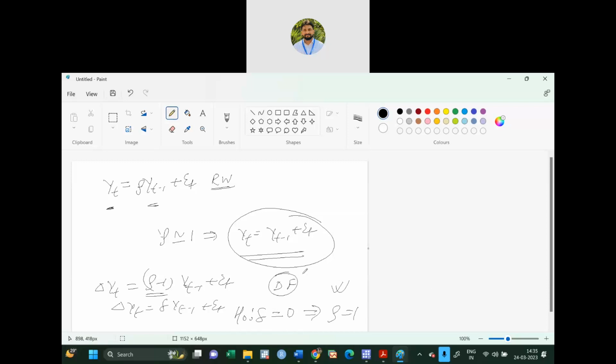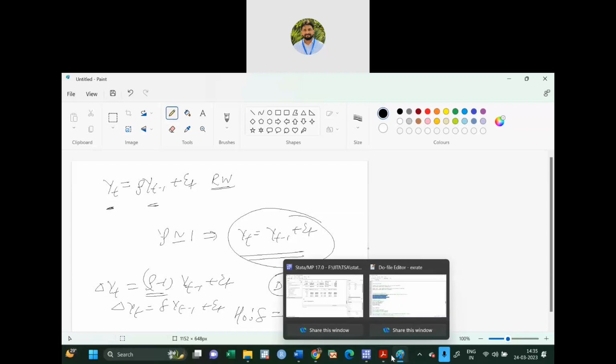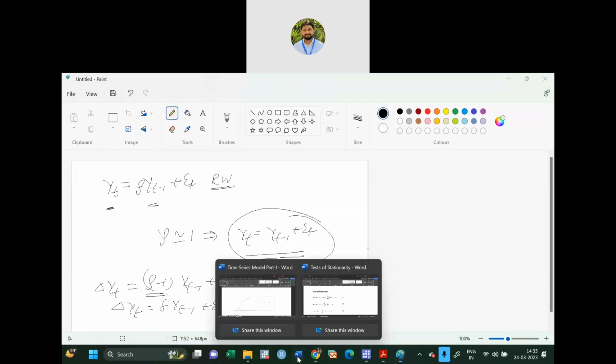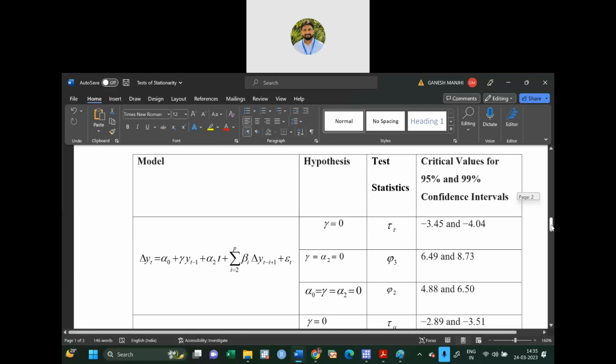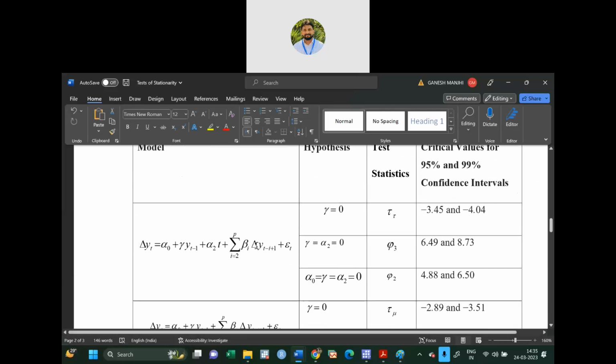However, when you talk about a large number of lags that you are taking, then this is how you need to work it out. Further, to tell you the story here, there is a test in the first equation case. You check it out: gamma equal to 0 is the first test you do, and that is what we call the tau test.